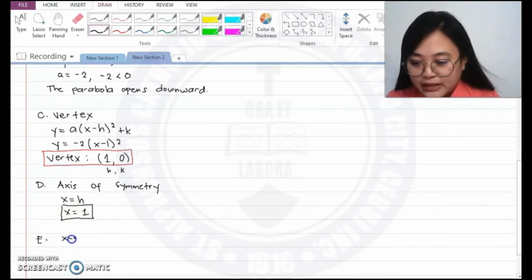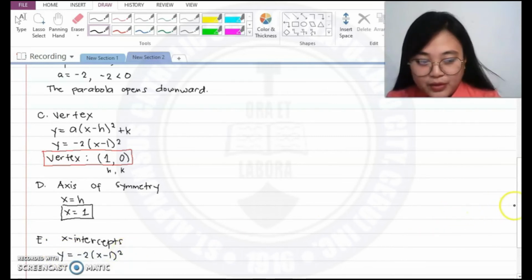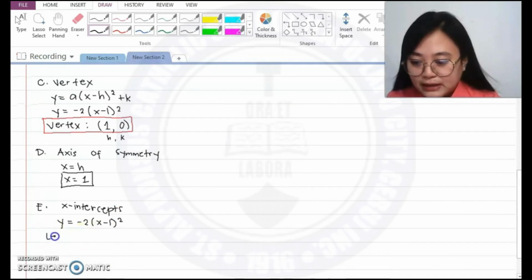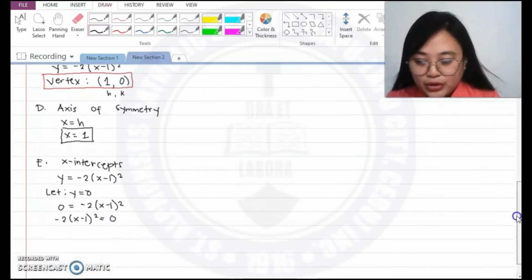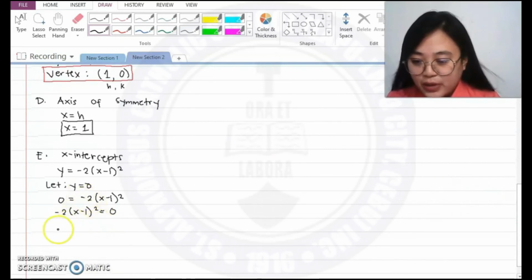For the x-intercepts, the given is y equals -2(x - 1) squared. Therefore, you will let y be equal to 0, so 0 equals -2(x - 1) squared. Arrange properly. We could use extracting square root.